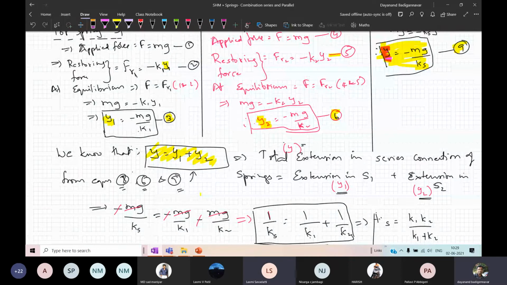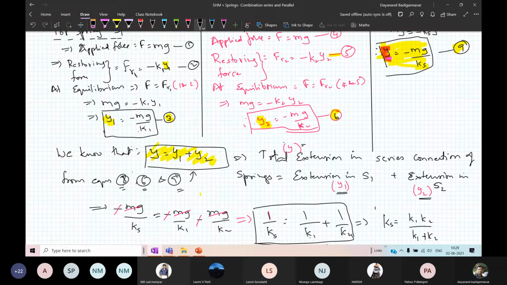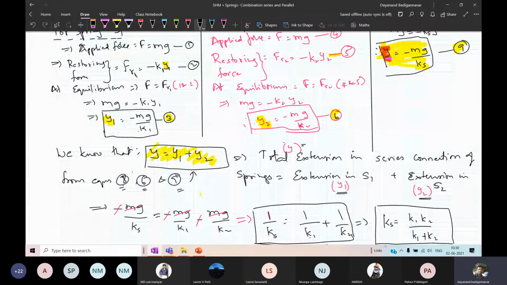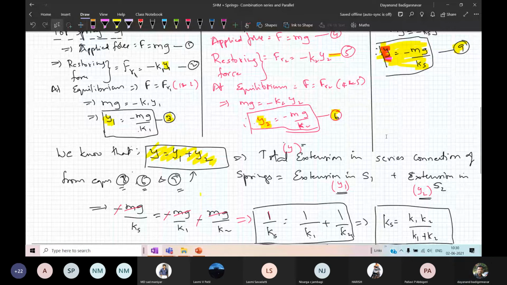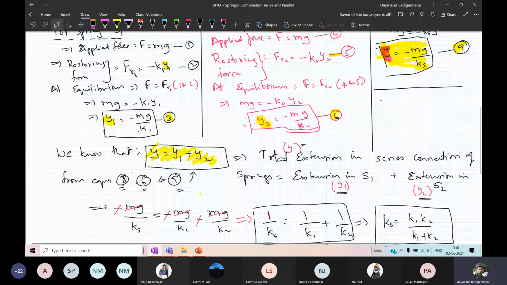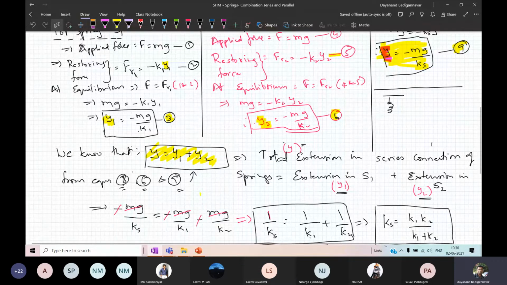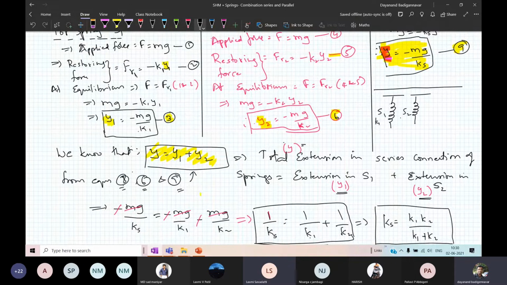So if I have two springs, s1 and s2, with spring constants k1 and k2, and I combine them in series, I can replace them with an equivalent spring.